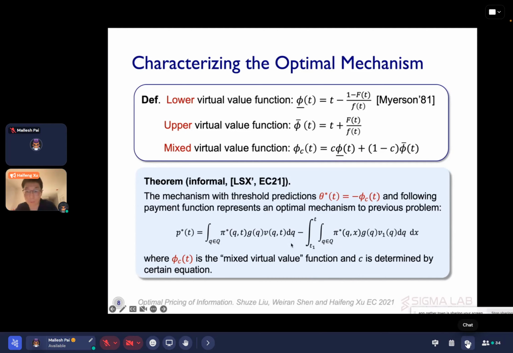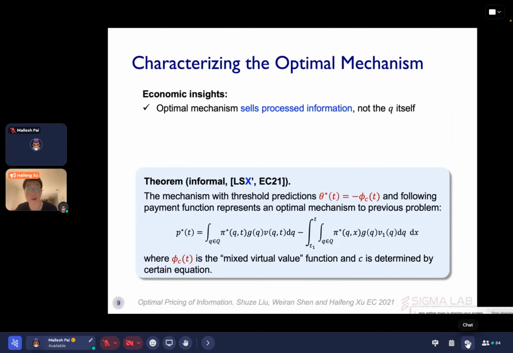Okay, so that hopefully gives you some flavor of what kind of information design problem you can think about in this space, and what kind of result you might be able to expect. And we can also learn some interesting economic insights from this result. First of all, as you can see, the optimal mechanism does not sell the state of nature Q directly.